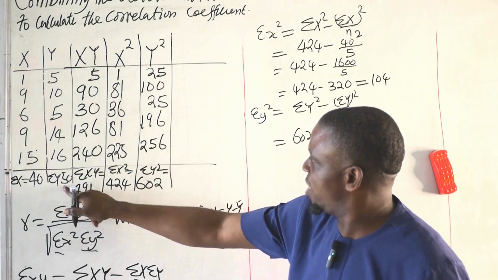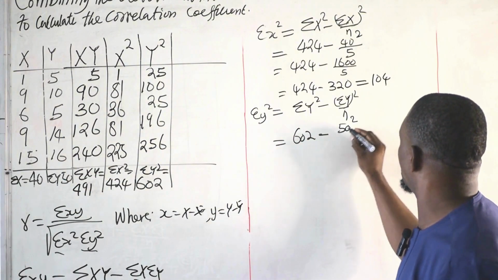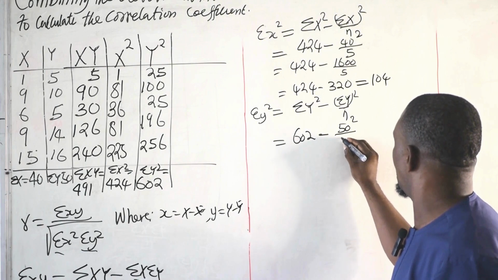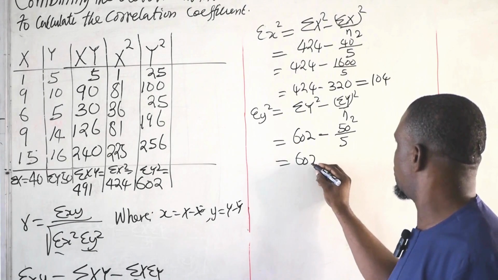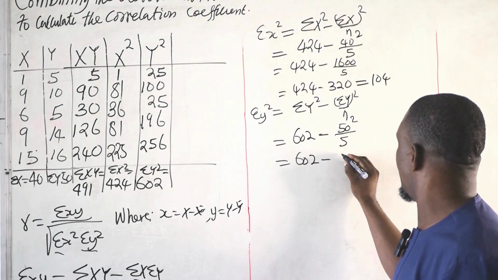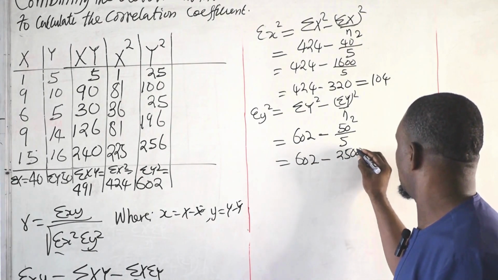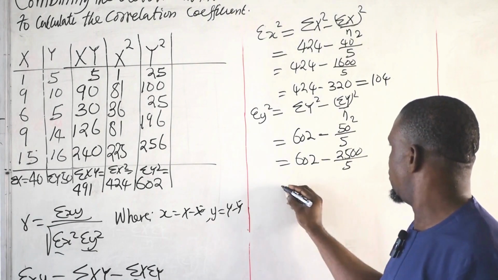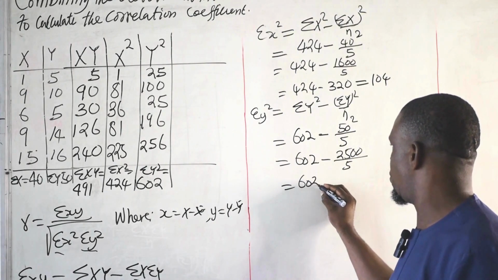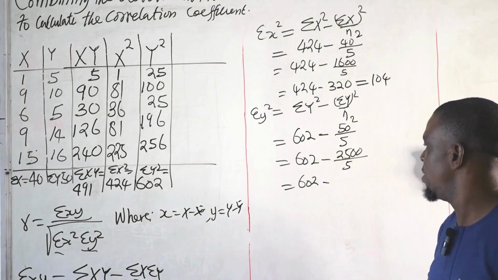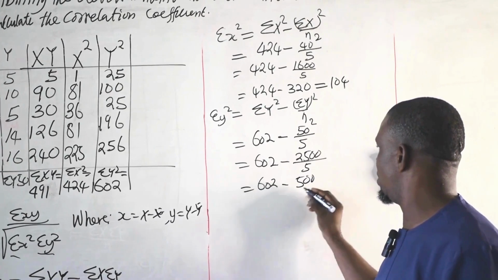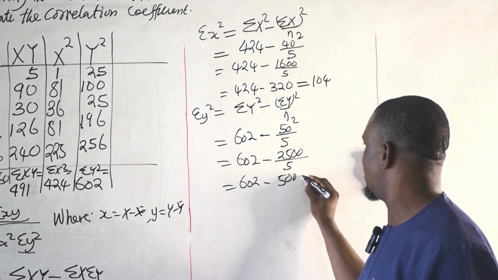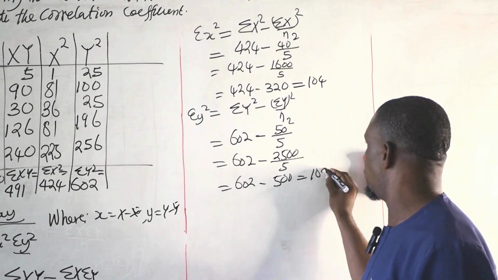You see the sum of y is 50 here. So we have 50 square over n. N is number of observation, which is 5. So we'll have 602 minus 50 square is 2500 all over 5. So we'll have 602 minus 2500 divided by 5 will be 500. So 602 minus 500 is 102.